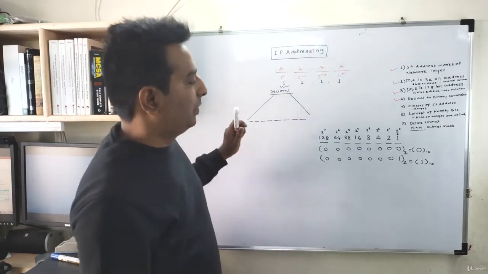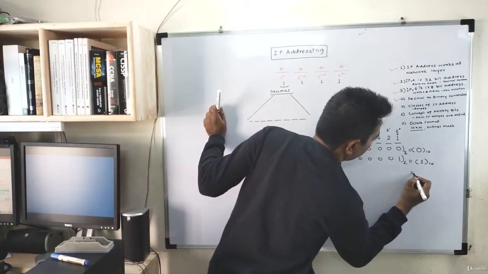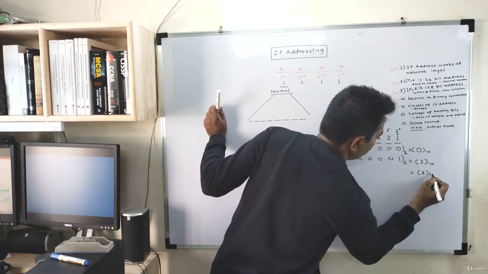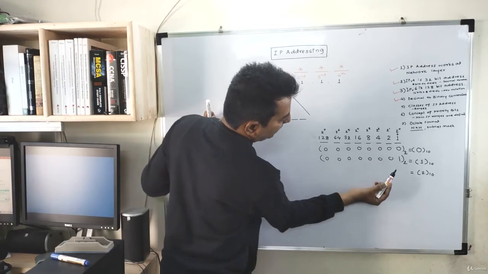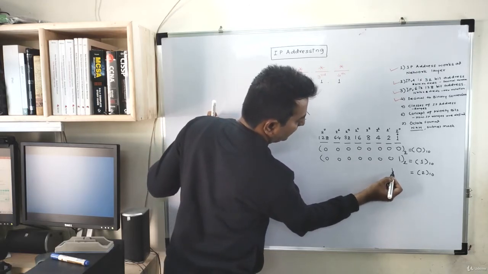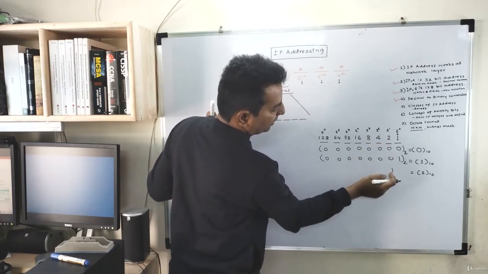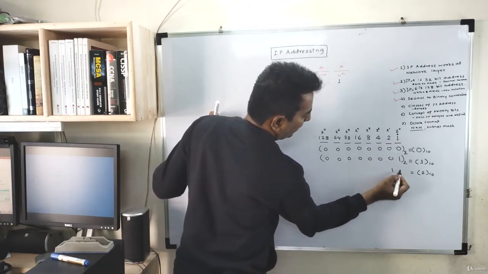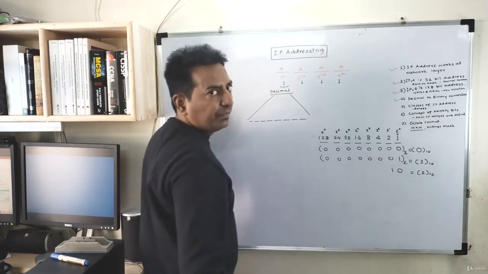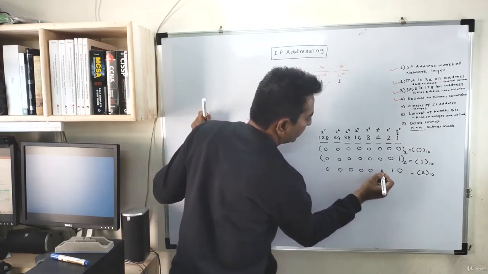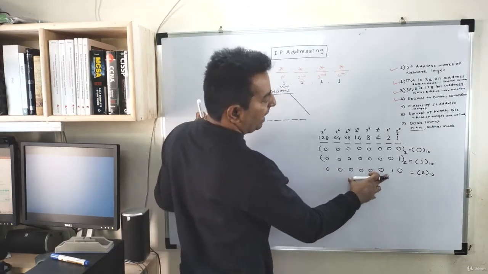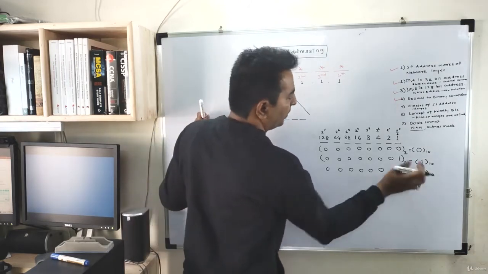If you want to convert decimal 2 into binary, you need to turn on just this particular field, so I'm going to put 1 in place of 2. I don't want 1, so I'll make this bit 0 and again the other bits 0. So this is the binary conversion of decimal 2.